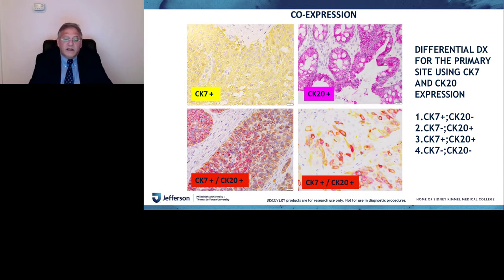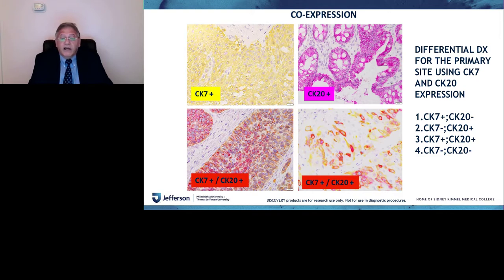Next to it is the CK20 as purple. And at the bottom, you have a tumor that is positive for both CK7 and CK20, giving you this orange color as co-expression of the yellow and the pink and purple.